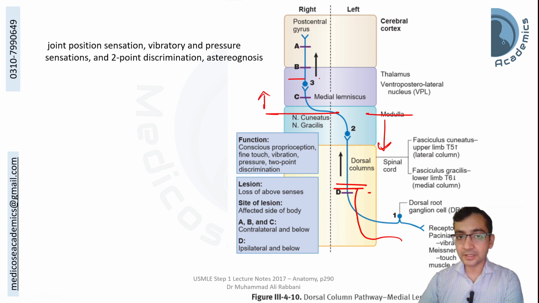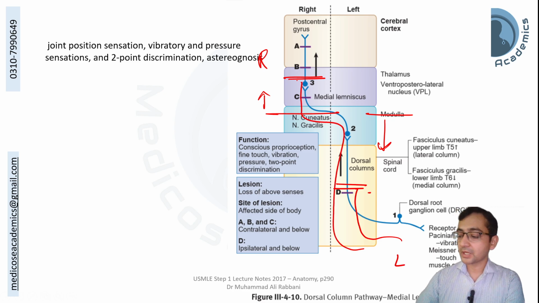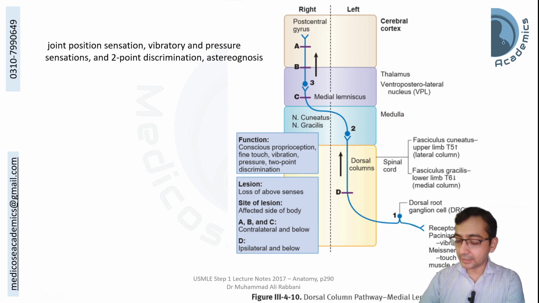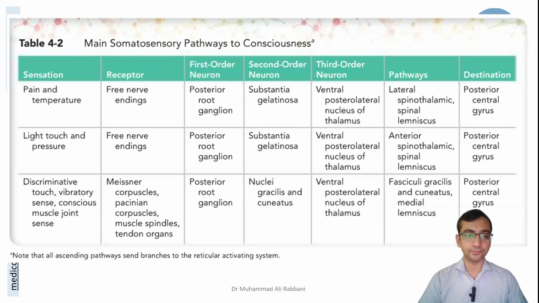However, here the signal that was interrupted was coming from the opposite side. So a lesion of the tract in the spinal cord will lead to the ipsilateral loss of discriminative touch. This is a table from Snell's neuroanatomy, and you can pause the picture here and go through a summary of these slides.